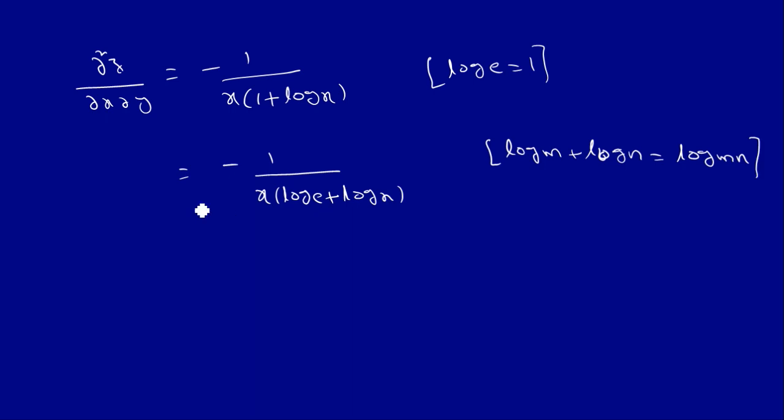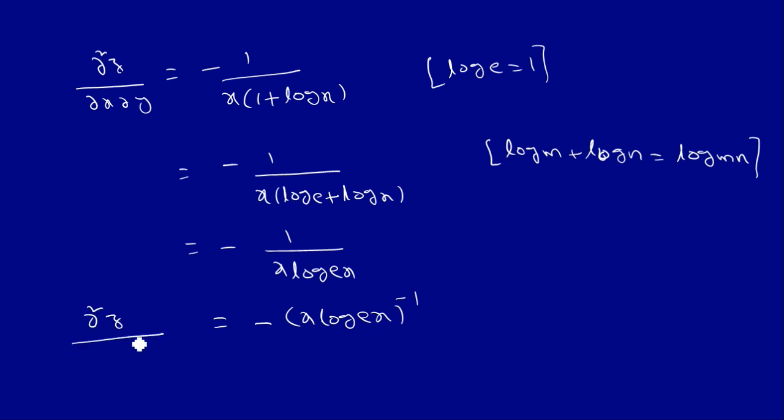So I am going to write here minus 1 by x into log ex. I'm going to write this as minus x into log ex whole inverse. This is dou square z by dou x dou y. Hence it is proved.